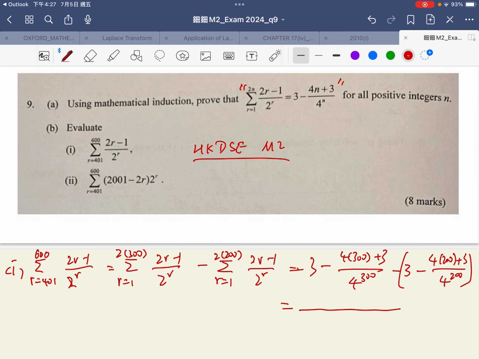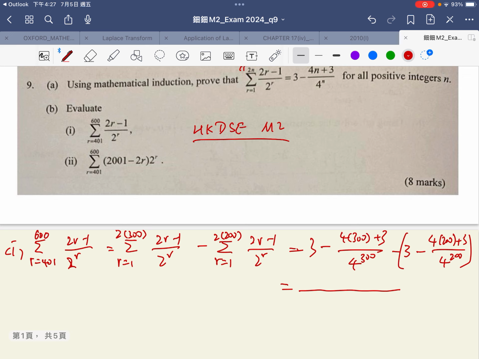And simplify this one. I think you cannot use a calculator to finish the result, so I only express it as 4 to the power of something. The denominator is 4 to the power of 300, and for the numerator, the 3 is cancelled, and this is minus 1203.